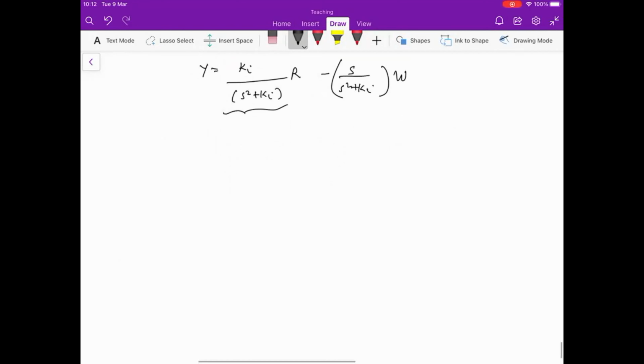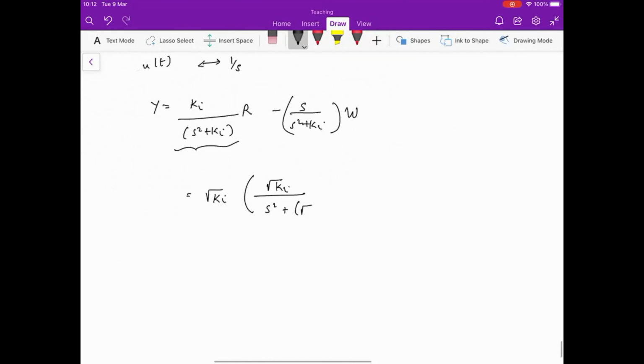And so the impulse response for this is given by, we can rewrite this as square root ki over s squared plus square root ki squared. It doesn't matter where the square goes.